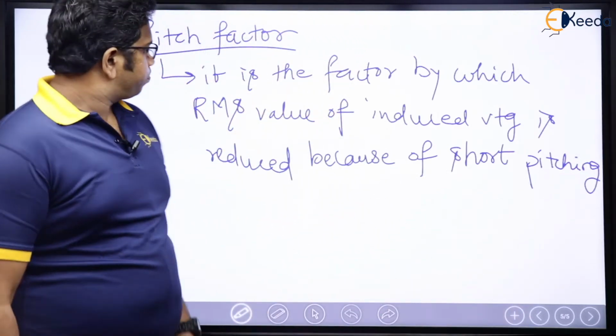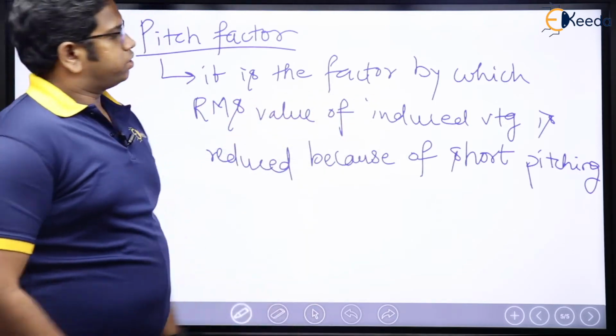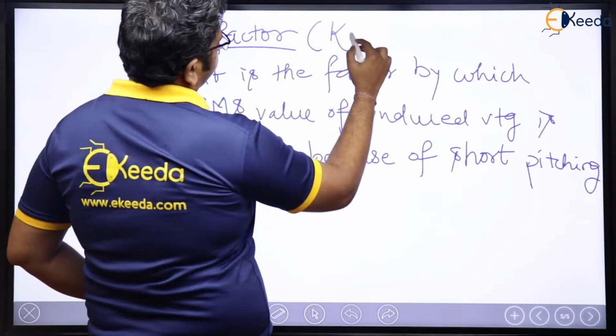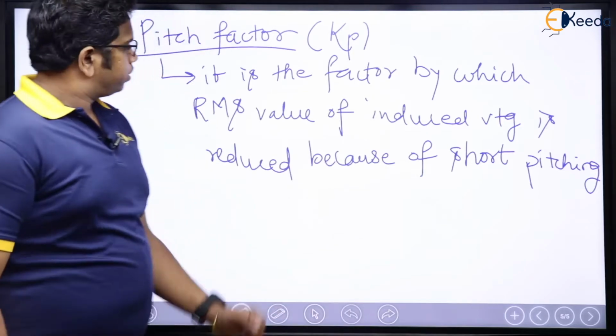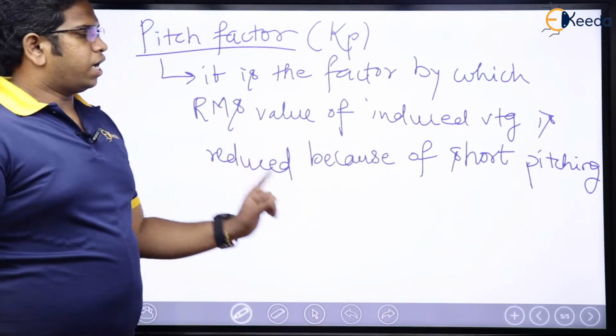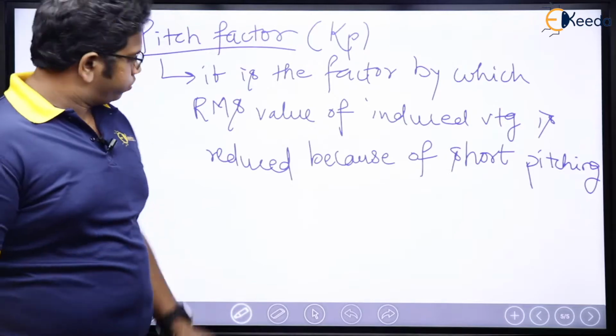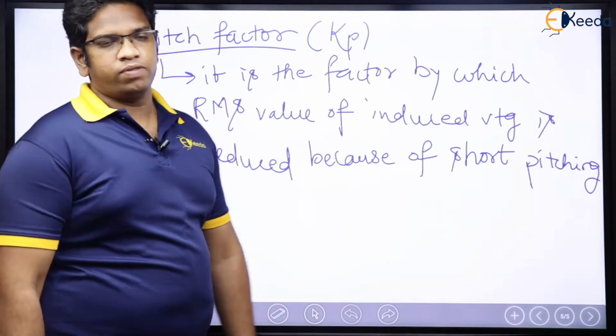What is this factor called? Kp, pitch factor. P stands for pitch. So it is the factor by which RMS value of the induced voltage is reduced because of short pitching of the winding.